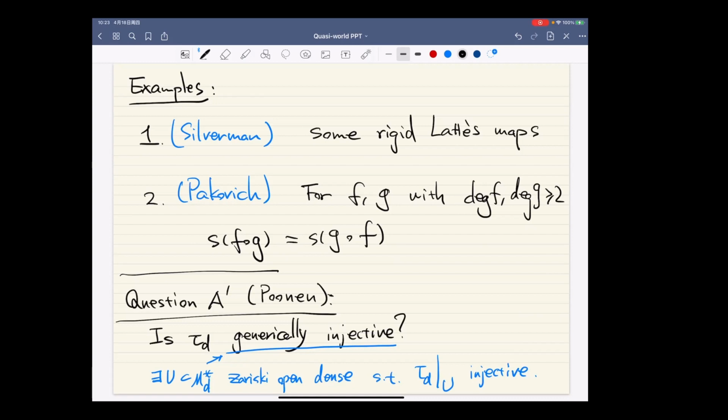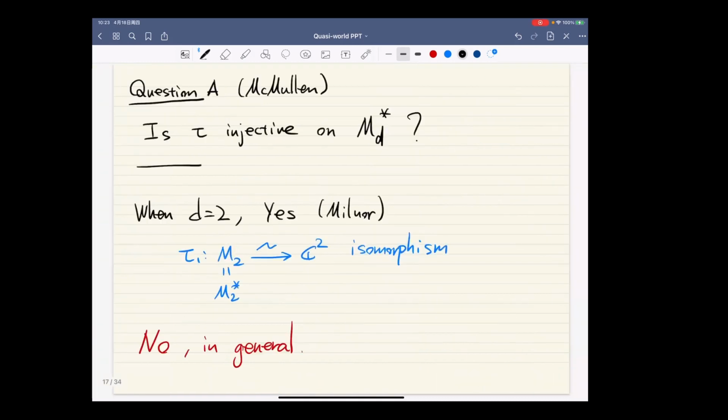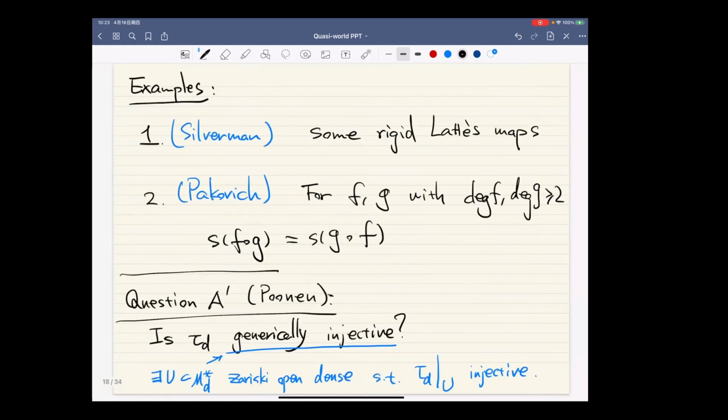Okay, so we need to modify this question A. This is proposed by Poonen. We call it question A prime. He asked, is tau_d generically injective?